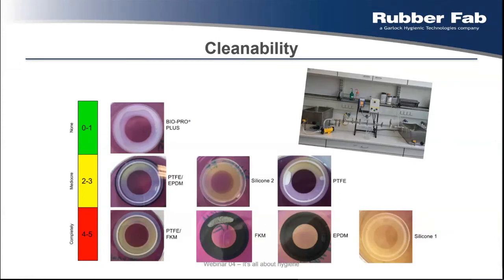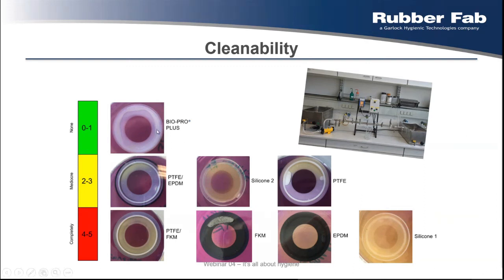First, they were contaminated on purpose. After they were contaminated, they were all exposed to a standardized cleaning-in-place process in a test rig that you can see right here. The testing was done according to EHEDG guideline number 2 to simulate the in-place cleanability of equipment.